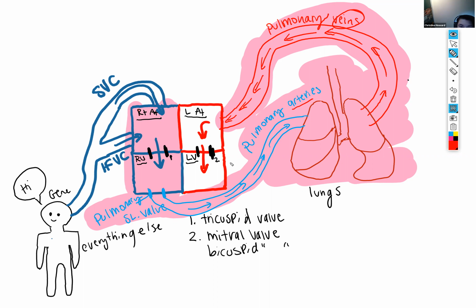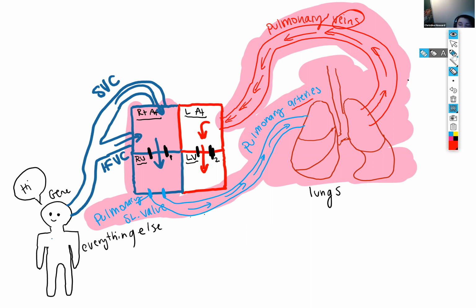So I'm gonna have to loop this around. So I think I'm gonna erase these for now, without getting too close to my pink blob, because I need that. And then I'm gonna make an aorta for myself.